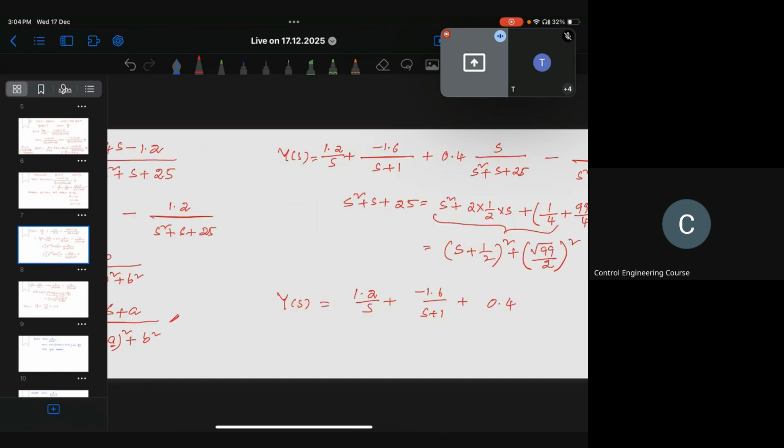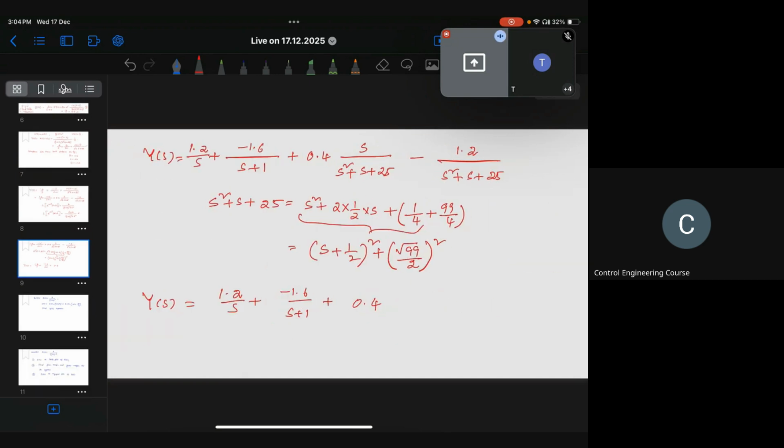We can write this expression as s plus 1 by 2, minus 1 by 2, also we can put by s plus 1 by 2 whole square plus root 99 by 2 whole square. So the last term is as it is, minus 1.2.